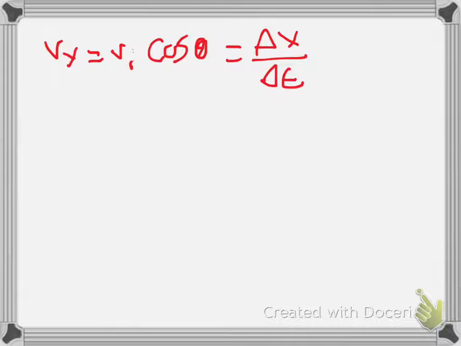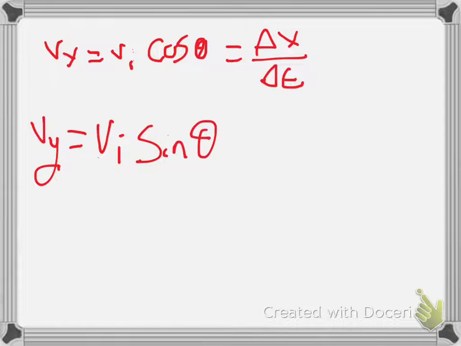What we're doing is taking our velocity y equation, and we're saying, just like we did before, that velocity initial times sine of theta gives us velocity y, based on the idea of resolving a vector into its components.